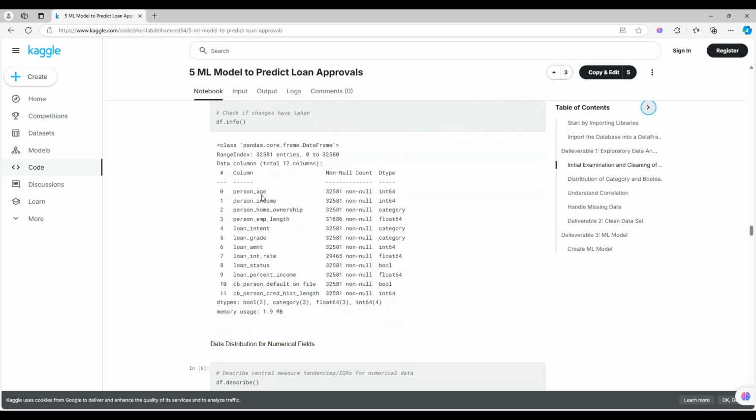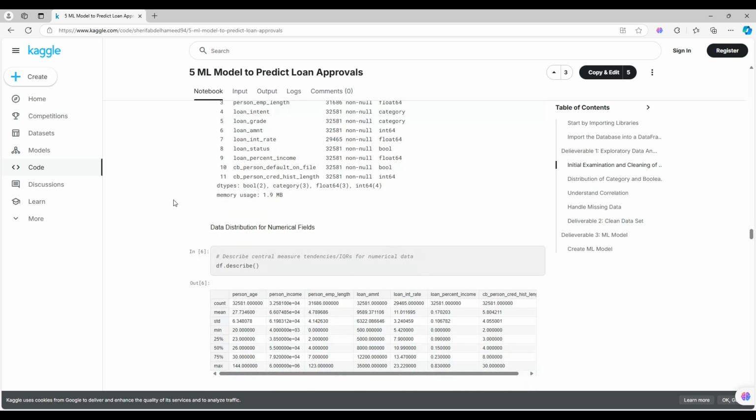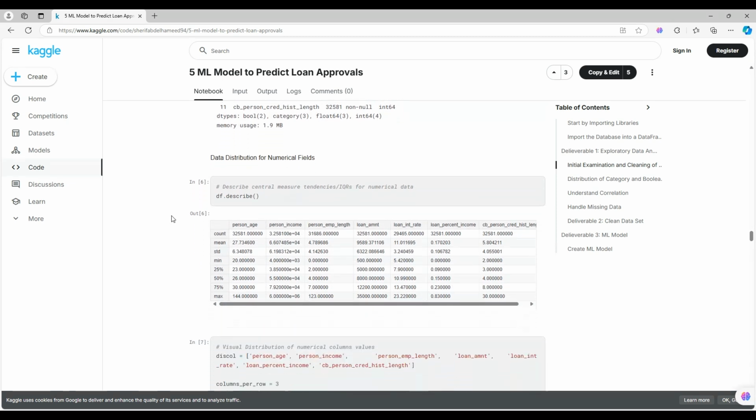And we do see that now we have 3 columns which are categorical and 2 which are Boolean. So with that, now we know that we have the needed entries in the right data type.